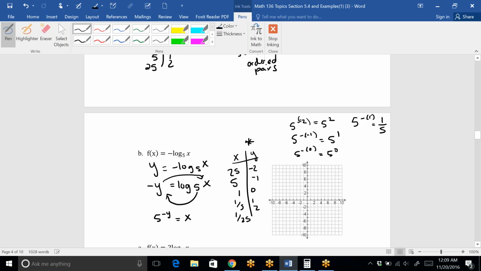So essentially what happens here is that this graph gets flipped upside down on the x-axis, just like you would think if there's a negative in front.